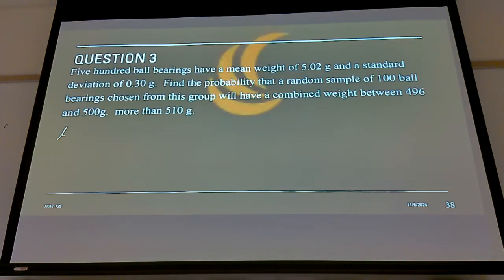Which means the mean of the means would be 5.02 grams. Standard deviation of the means: 0.30 grams divided by root 100, which is 10. 0.30 divided by 10, 0.03.